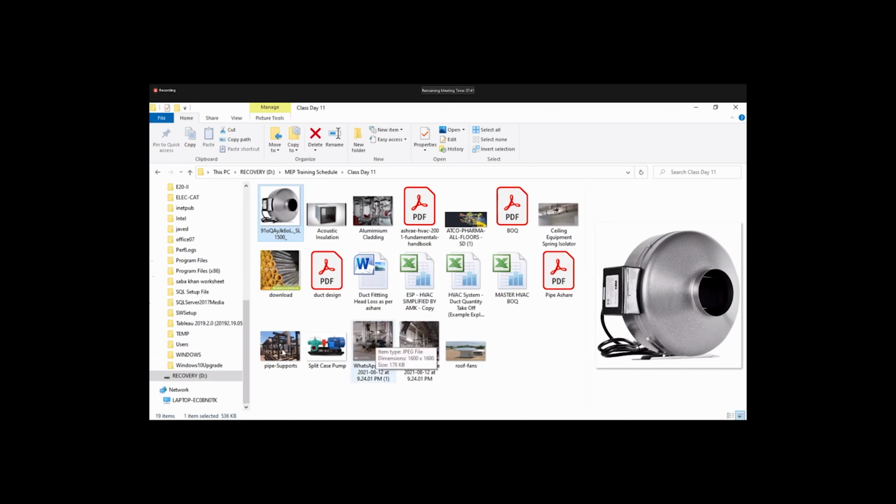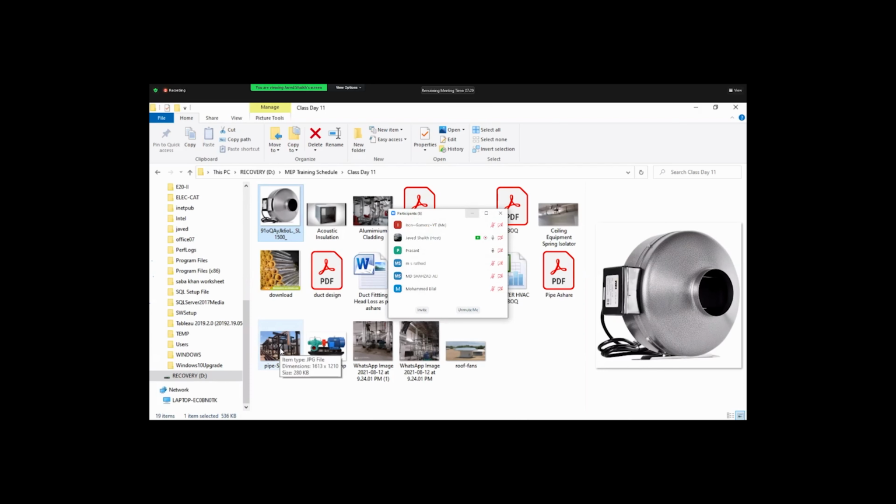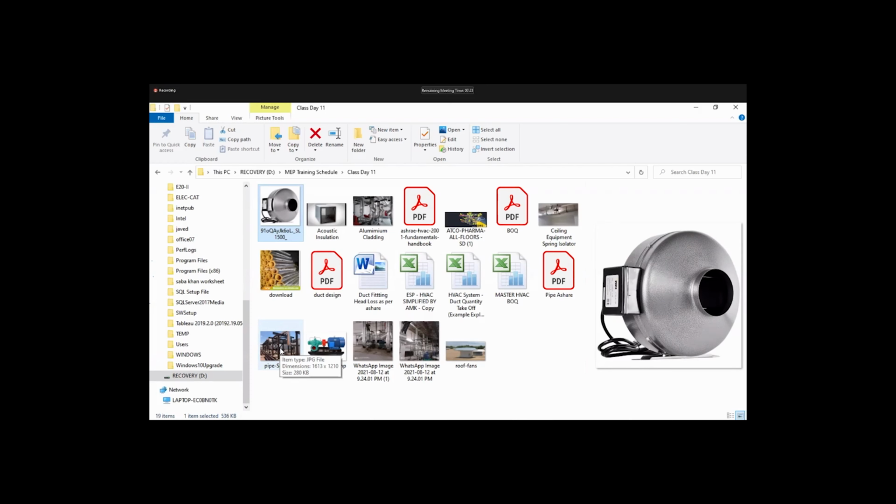Yesterday I showed what type of pipe support will be provided. As per our chilled water pipe location, whether we are running from the ceiling or from the ground, or to the riser, we discussed yesterday what we have to provide. If it is close to the ceiling, we provide support from the ceiling. If it is close to the ground, we provide it from the ground. So it's based upon the location of the pipes, from where it's running.